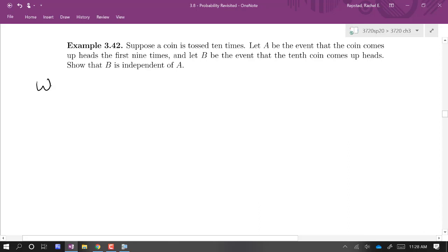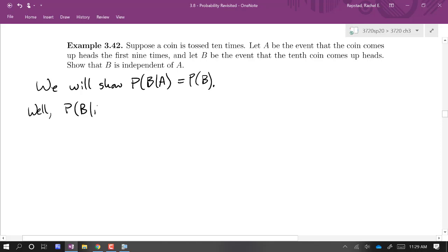So we will show that P of B given A is equal to P of B. Well, the probability of B given A we know is equal to the probability of A intersect B divided by the probability of A.